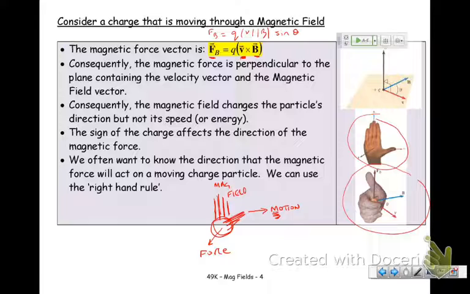That works great when things are orthogonal, when your motion is at 90 degrees to your field, and your force is then going to be at 90 degrees to both of those. Supposing that my motion is in that direction and my field is in that direction. If you try bending your fingers, it kind of hurts sometimes.